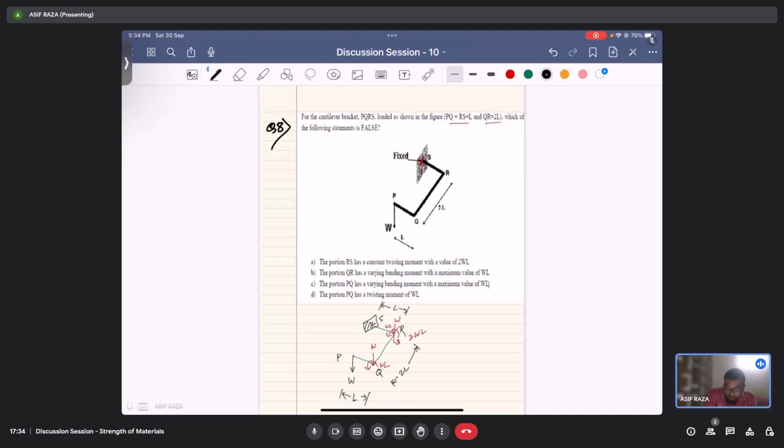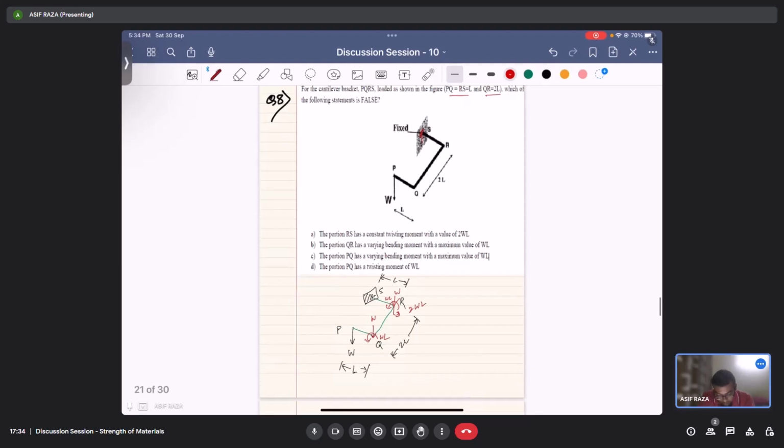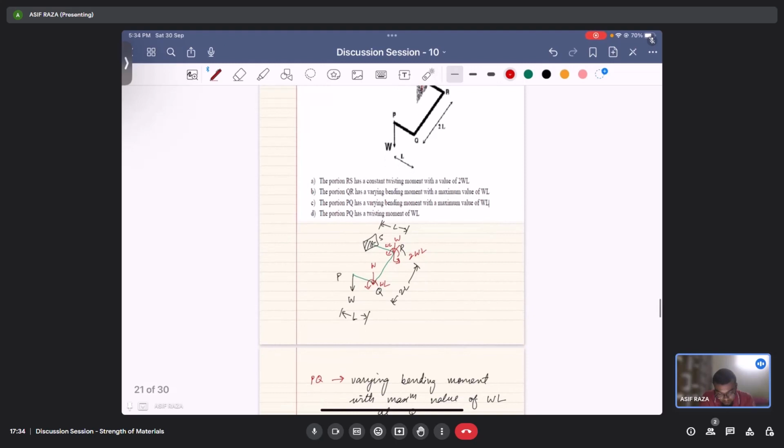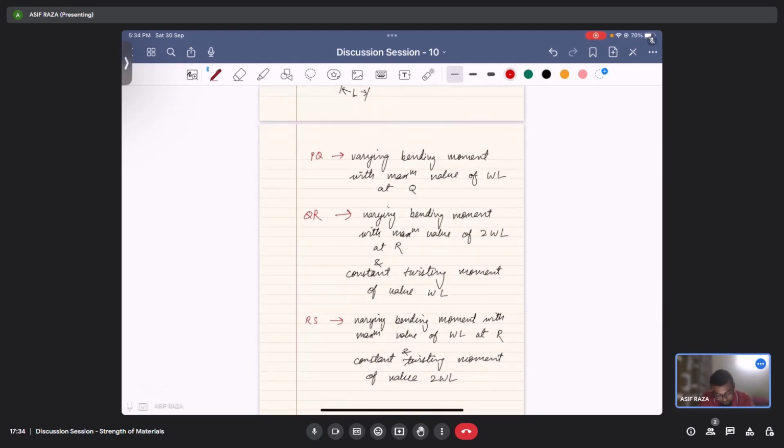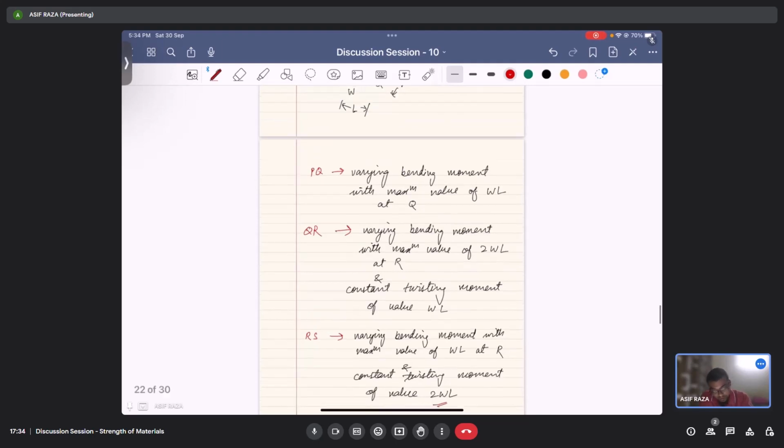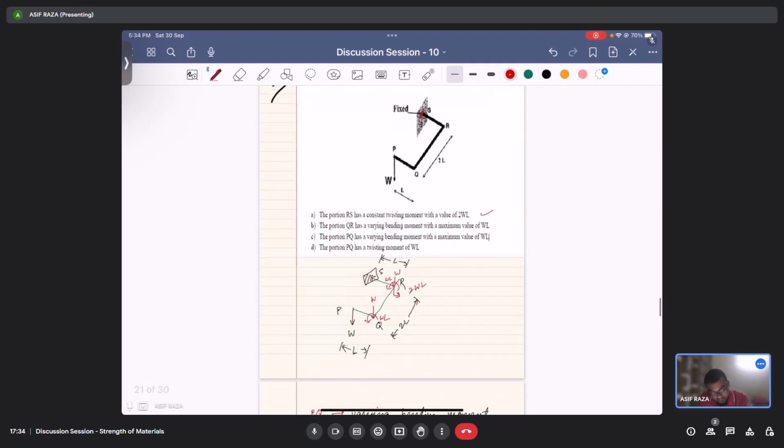First statement: the portion RS has a constant twisting moment with a value of 2WL. The portion RS has a constant twisting moment with a value of WL, so this is not a correct statement. Yes.